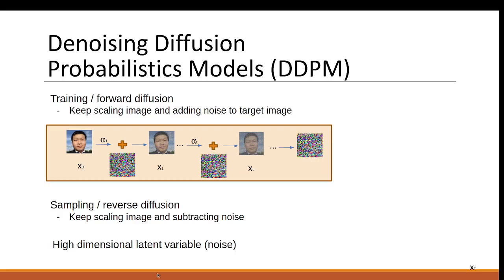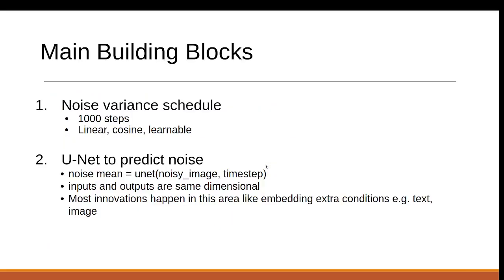Okay, let me recap. To train a diffusion model, just keep adding noise. To do the sampling, we do the reverse. The diffusion model is actually quite simple to explain, although the math is difficult.